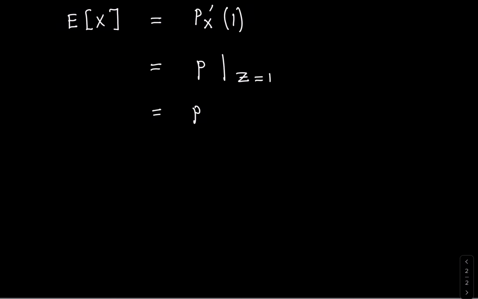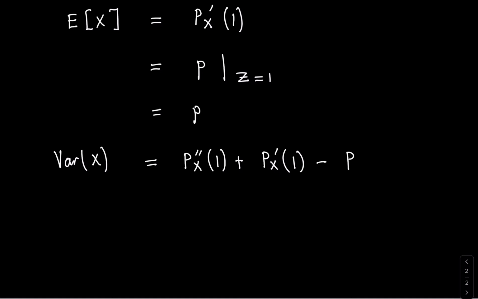We can now also calculate the variance of x. So the variance of x is this expression I'm going to put here. It is the second derivative of the probability generating function evaluated at 1, plus the first derivative evaluated at 1, less, and I'm going to be careful here, the first derivative evaluated at 1 all squared.